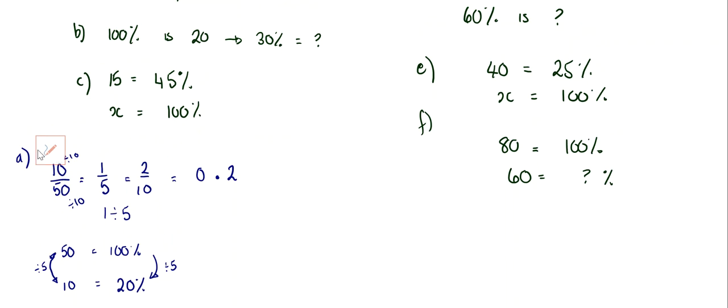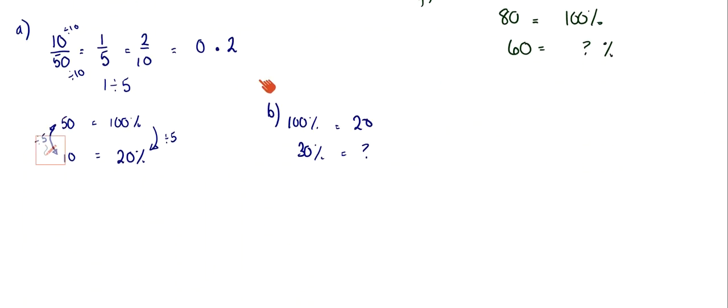B. 100% is 20, what's 30%? So I'm going to use this method again. 100% equals 20. 30% is what? So I need to get round there.